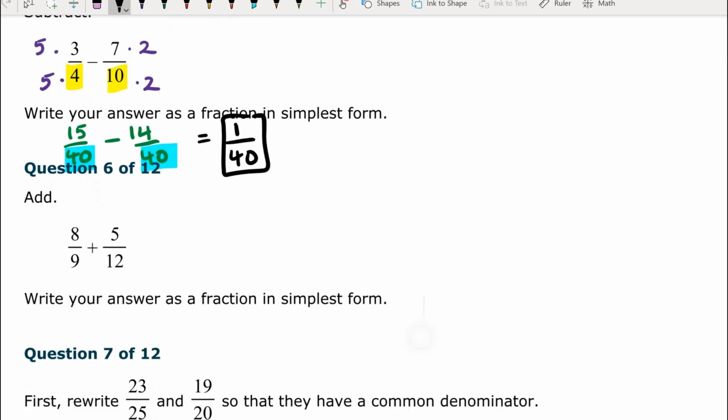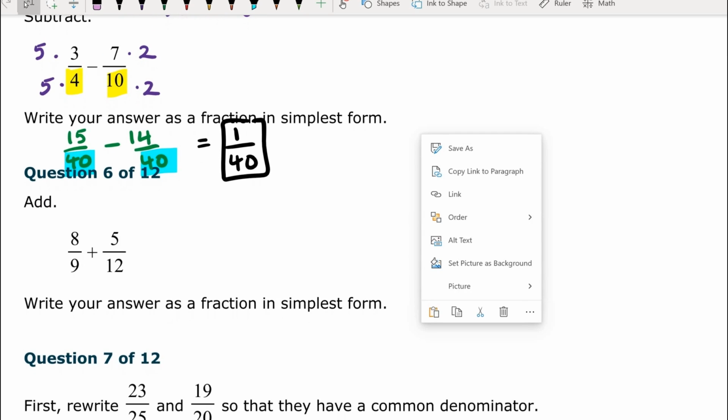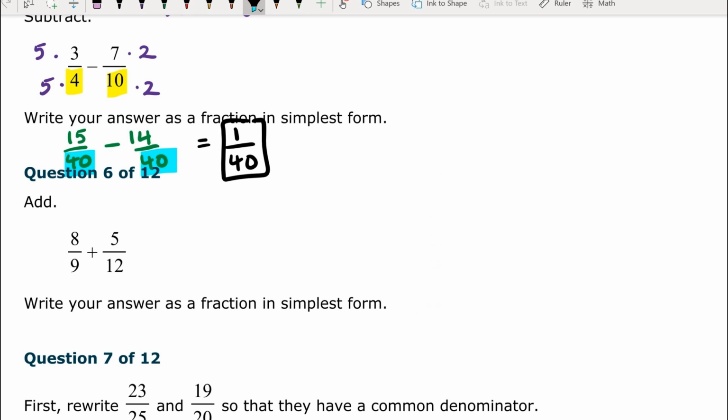Alright, problem 6. One fraction has denominator 9, the other one is 12. So we're going to find the least common denominator. It's not obvious anymore, so we're going to look at 9.